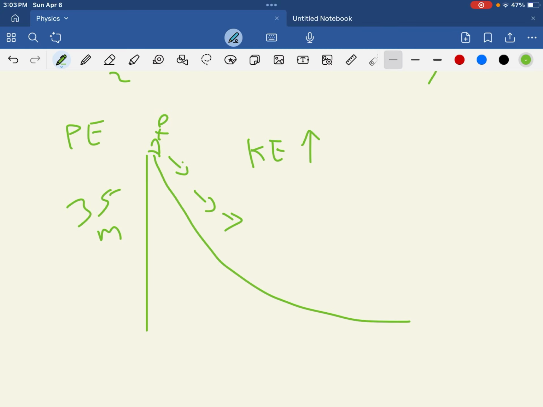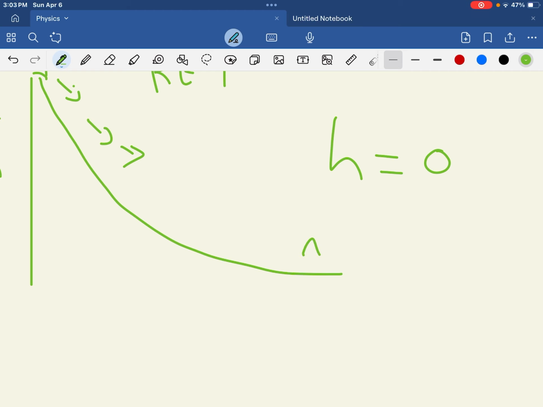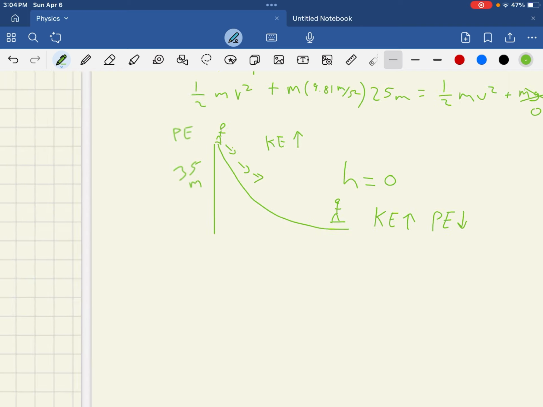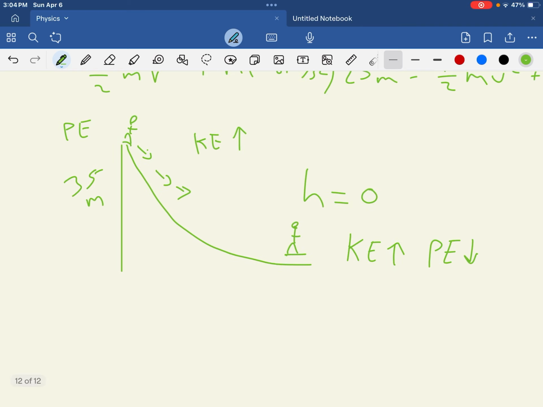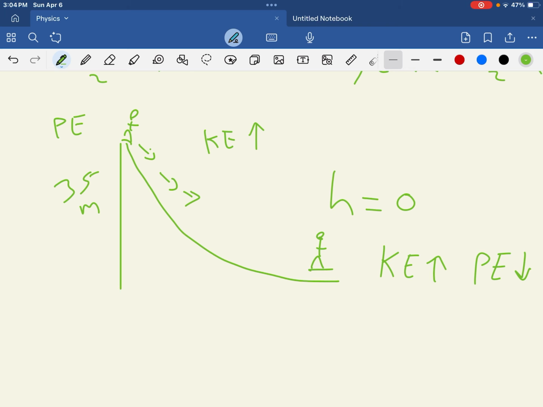I don't know if you can see that or not, but then when they get down here, their height is 0 at the bottom of the ramp, their kinetic energy is high while their potential energy is low, because in this case our potential energy is all coming from the height, so the distance the skater is off the ground or off the ramp basically.